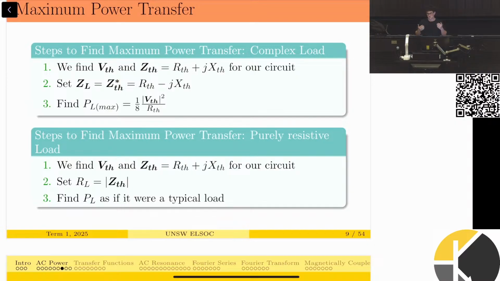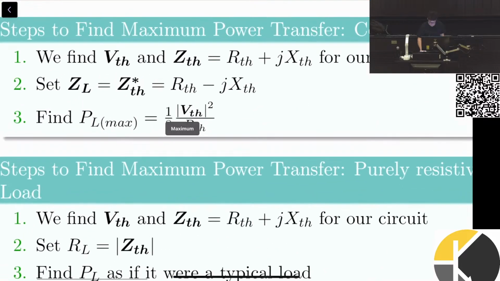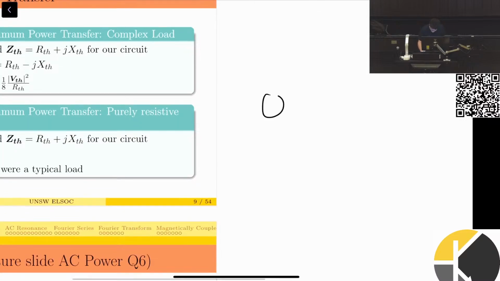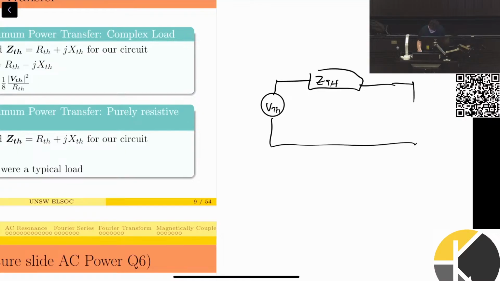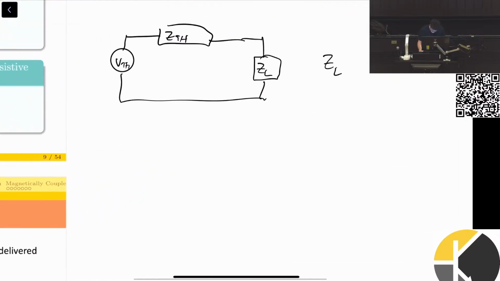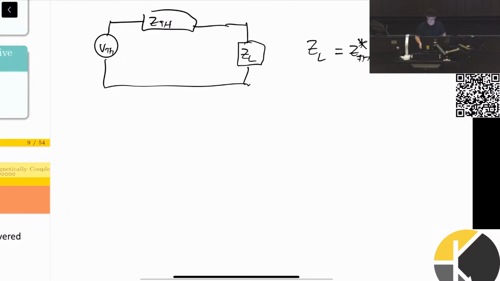If we're allowed to use any component, inductors, resistors, and capacitors, we use a complex load. Over here we'd have some V Thevenin, some arbitrary Z Thevenin, and we would plug in ZL. As it turns out, ZL is equal to Z Thevenin star, as you'll see in a second. If they only let us use a resistor, we just say R is equal to the magnitude of ZL. Does that make sense to everyone?